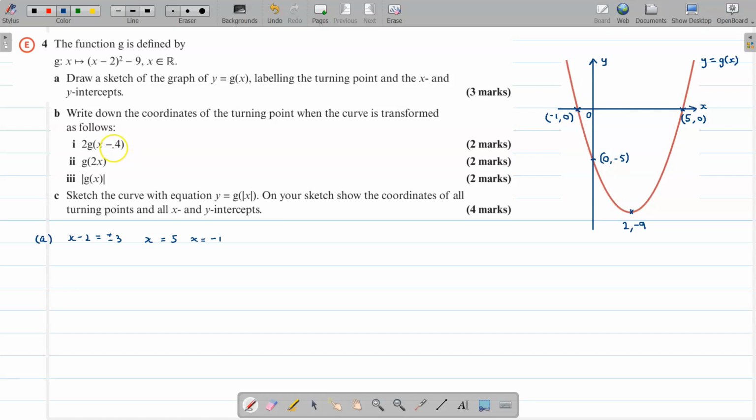It's currently at 2, -9, so it's going to be at 6. That's 4 places to the right, and it's also got to go down. It's currently 9 units away from the x-axis, so it's going to be 18 units away. So it's going to be at 6, -18. I'm just going to write it here. So it's going to be at the point 6, negative 18.